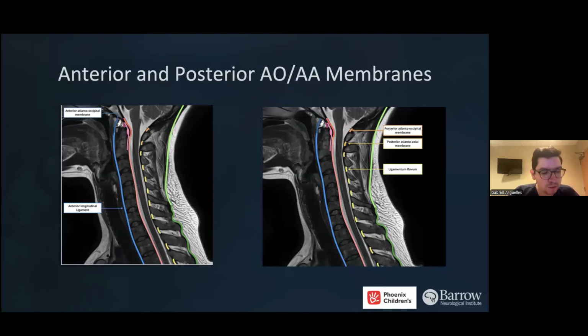So now we'll go in briefly to talk about the actual different ligaments involved. From this part of the talk, you'll get a better appreciation for what's really important structurally.